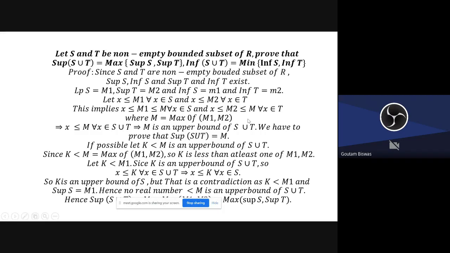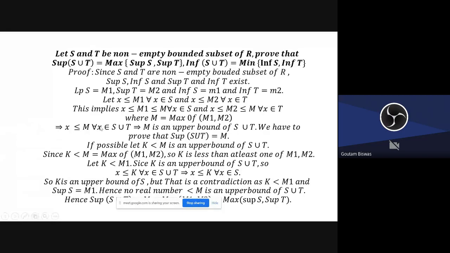So we have chosen capital M as the maximum of M1 and M2. This means that x is less than or equal to M for all x, either in this set or this.